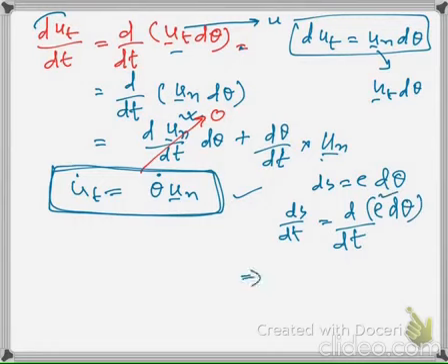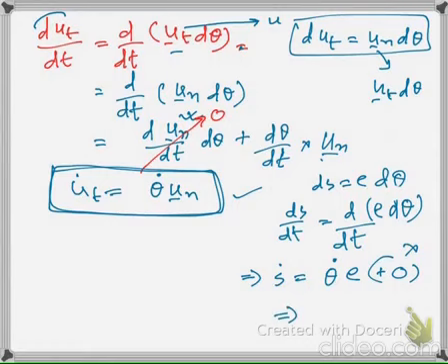So again, applying the chain rule, we have s dot equals, this is not squared, this is just a tick mark, so just get rid of that. We end up having the d theta derivative multiplied by rho, and the other part will be 0, so we don't have to worry about that. This is another important relationship we will use to derive the equation for the acceleration.